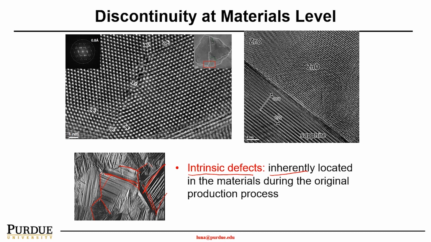As you can see, this is the atomic structure of zinc oxide on sapphire. This is a transmission electron microscope image, and this is 2 nanometers, so each of these is a couple of angstroms. Therefore, you can see polycrystalline zinc oxide. We have one plane going in this direction and another plane going in this direction. This is what we call the grain boundary.